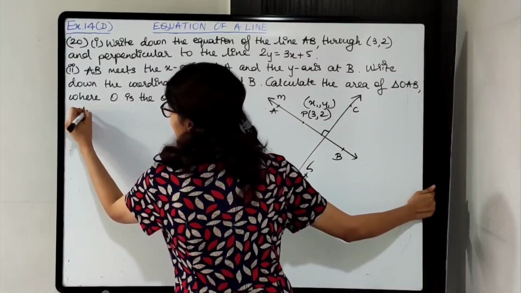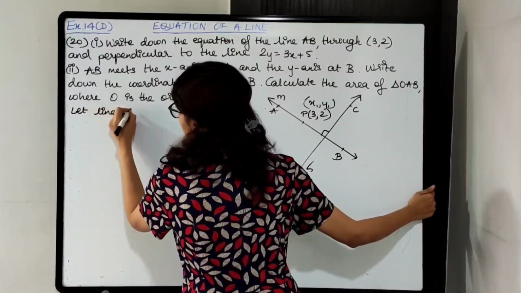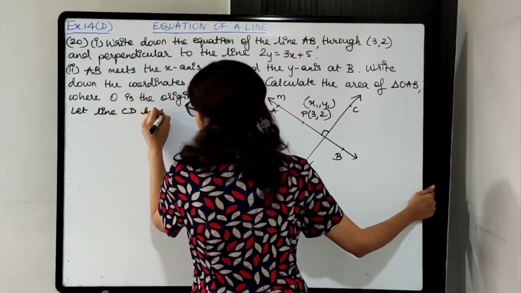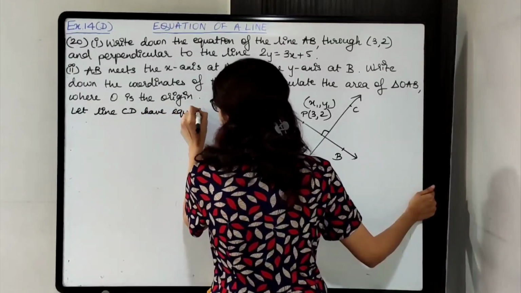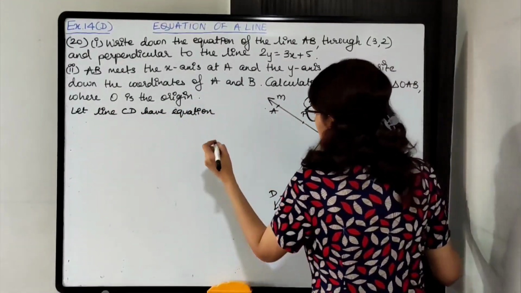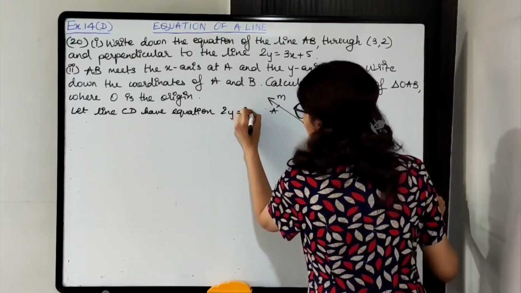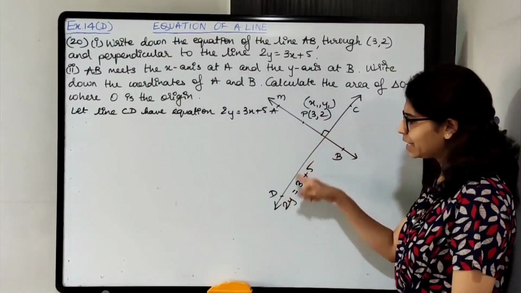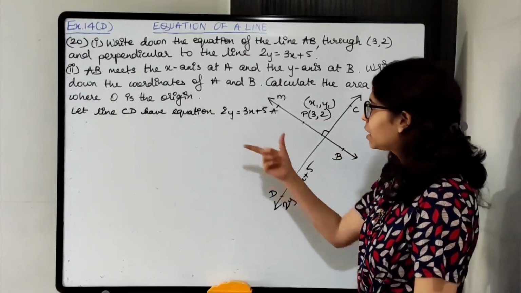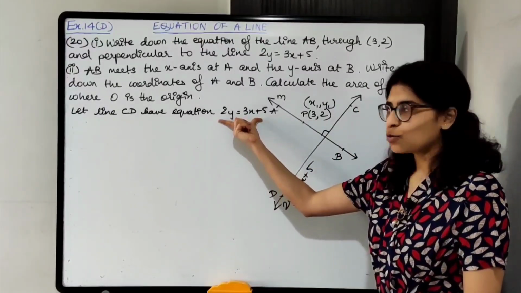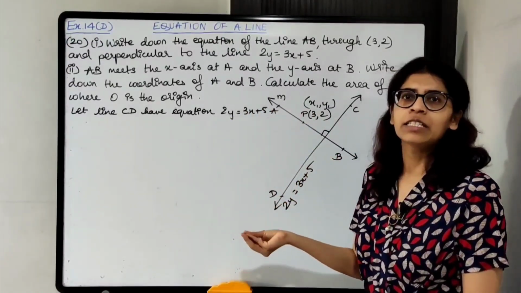Write down the statement: let line CD have equation 2y equals 3x plus 5. We are naming this line as CD. We need to find the slope of this line, so we'll find it by bringing it in standard form.